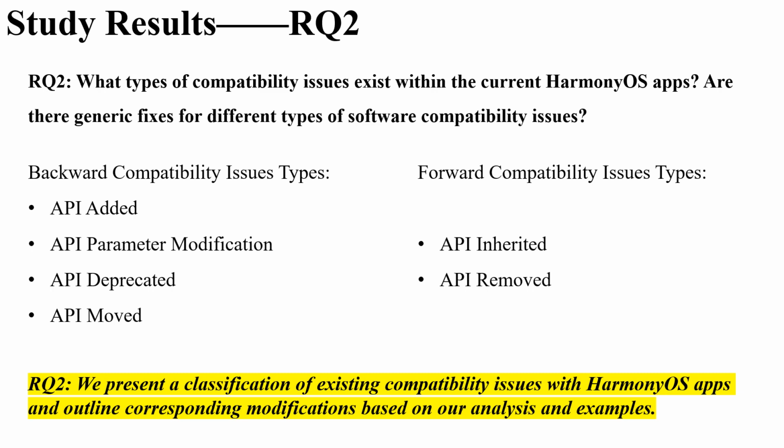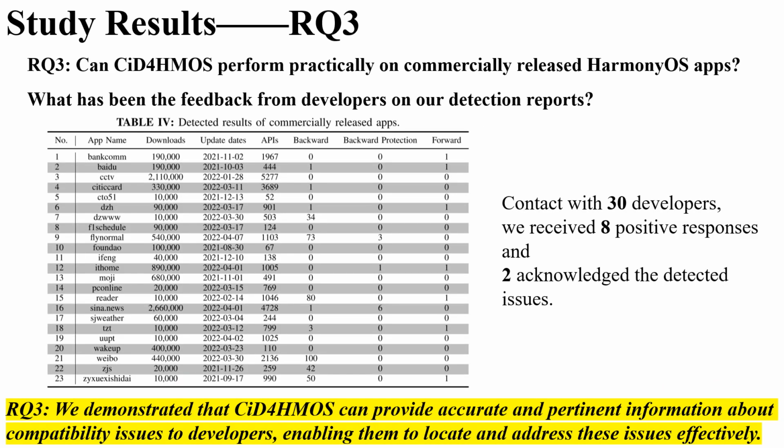The third research question we addressed was, can CiD4HMOS perform practically on commercially released HarmonyOS apps? What has been the feedback from developers on our detection reports? For this research question, we ran CiD4HMOS on commercial applications and relayed the generated output to the developers of apps that exhibited compatibility issues. We reached out to 30 developers in total.